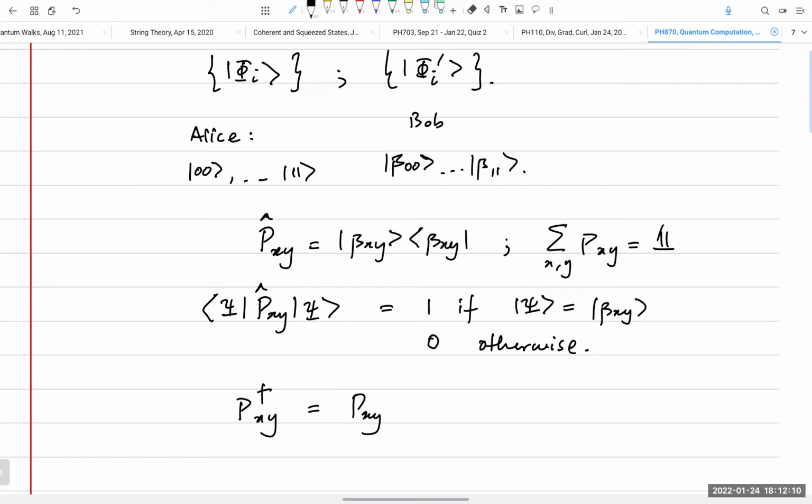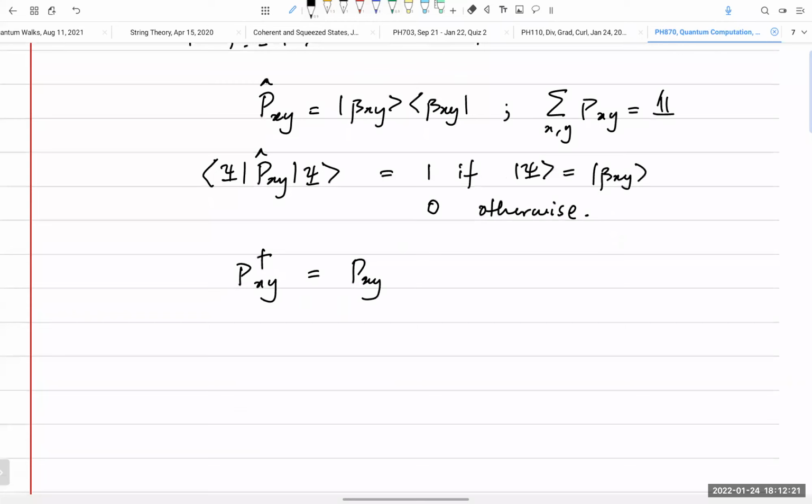He will have to do it 4 times. So what he can do is just perform this measurement instead, right?